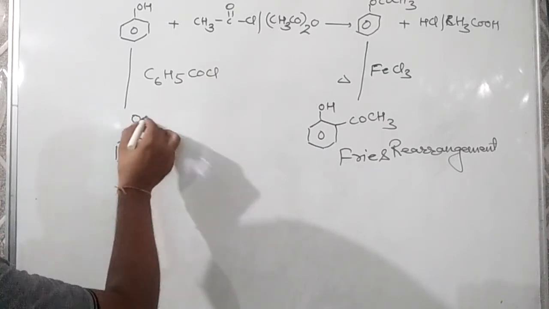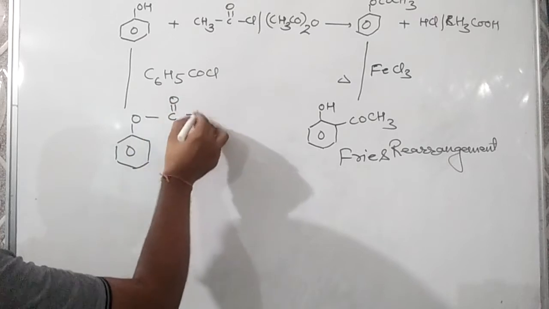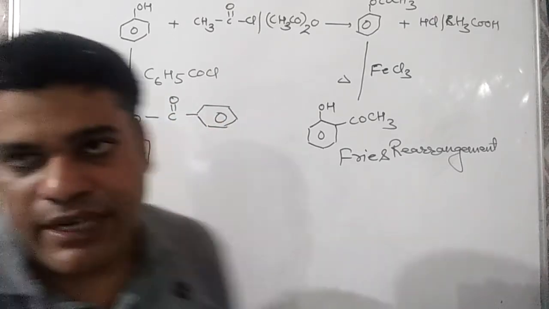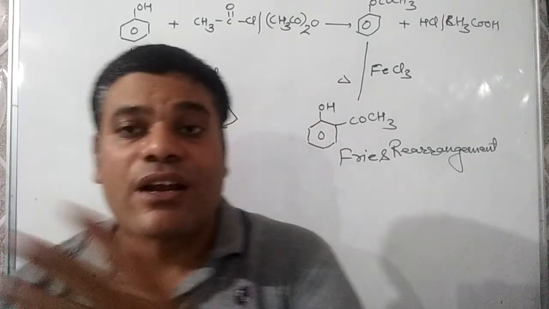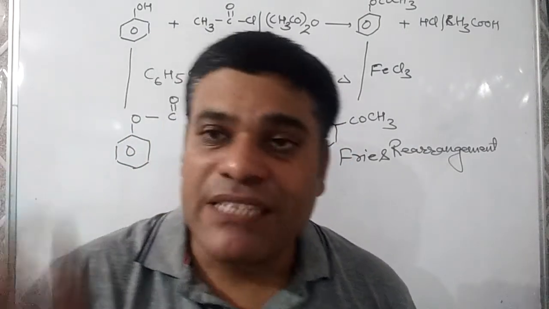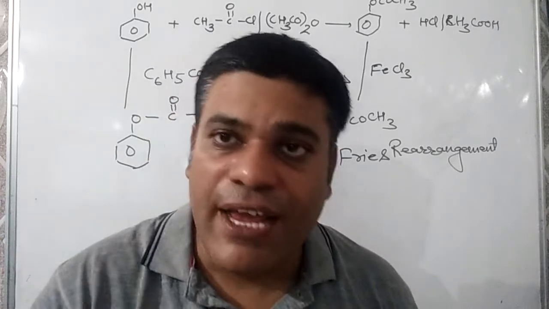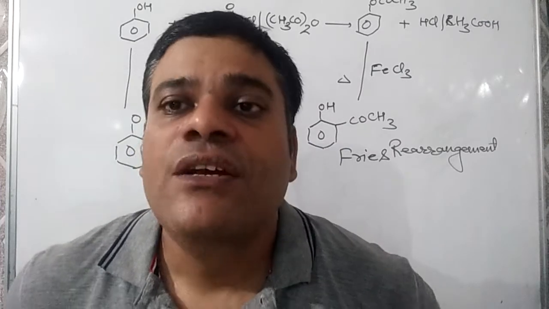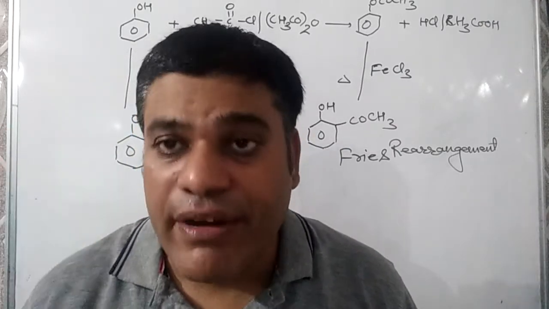Even aniline can undergo benzoylation in the same way to produce N-phenyl benzene carboxamide, and that reaction is also known as Schotten-Baumann reaction.